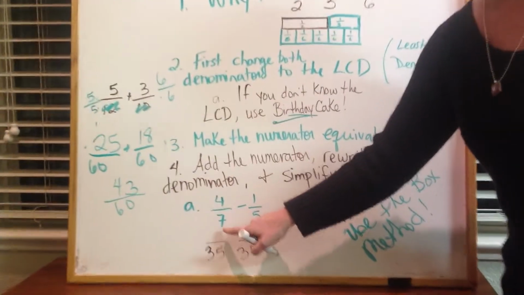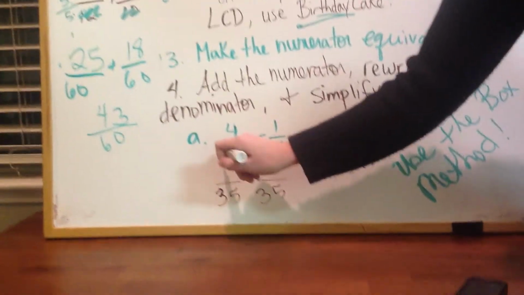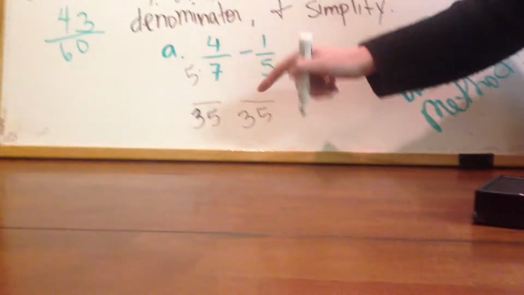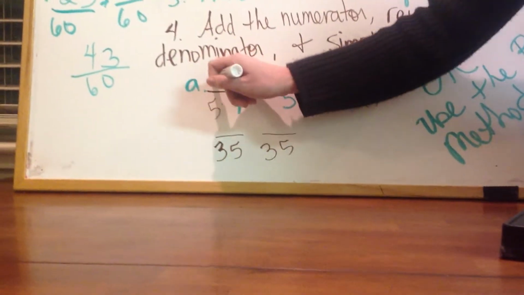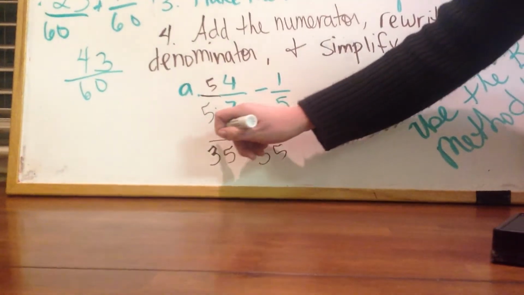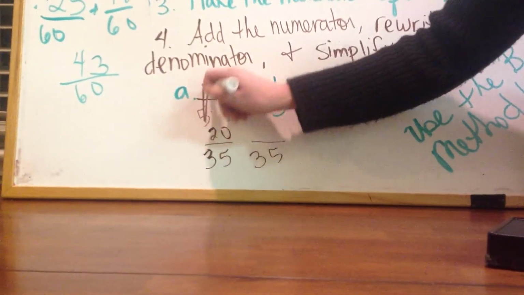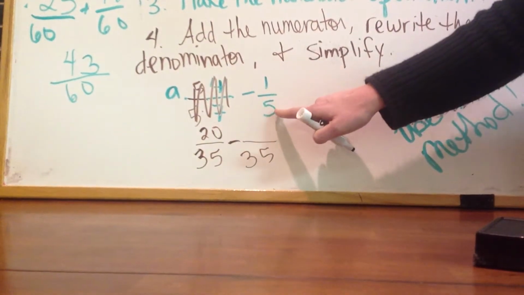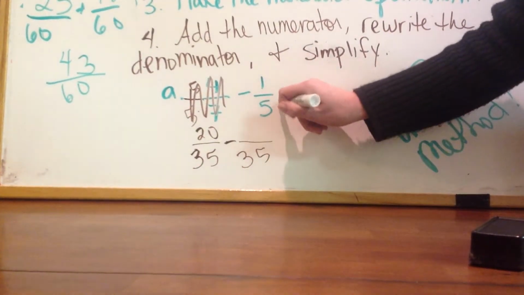What did I multiply this 7 by to turn it into a 35? I multiplied it by 5. Since I multiplied the bottom by 5, I need to multiply the top by 5. And we're allowed to do that because 5/5 is really just a 1. 5 times 4 is 20. So this fraction's been changed. It's gone now. I'm going to subtract it. What did we multiply our 5 by to get 35? We multiplied it by 7.